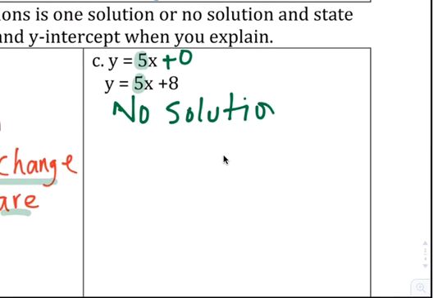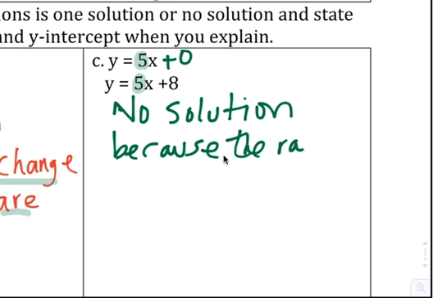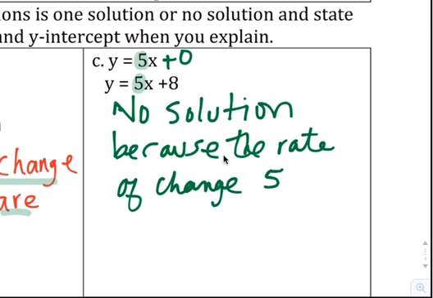No solution because the rate of change, five, are the same in both problems.